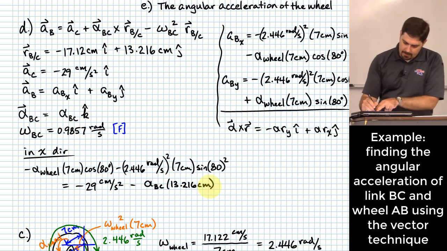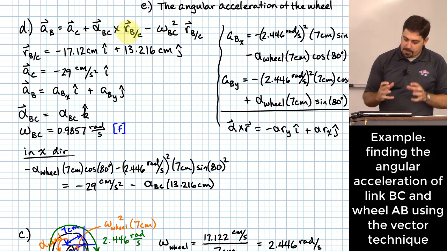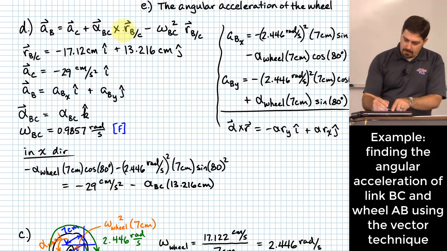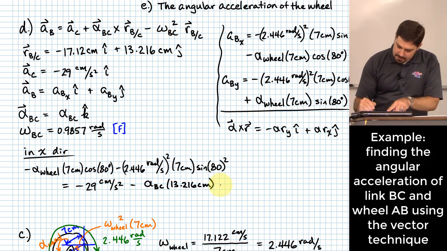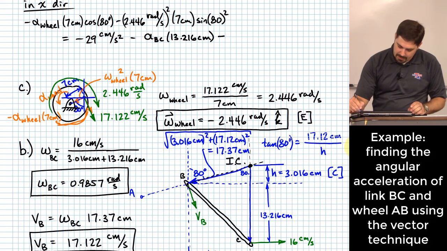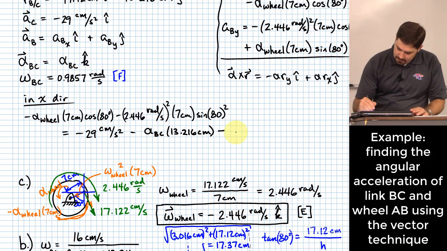And that is that second term up there of alpha BC crossed with RBC if I'm just doing the x direction. So then the next thing I got to do is subtract omega BC. And omega BC was way down here of 0.9857 radians per second.